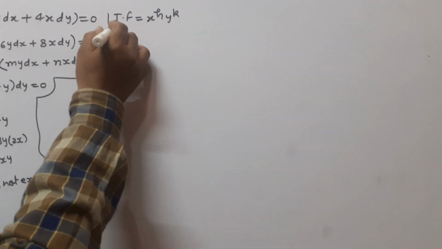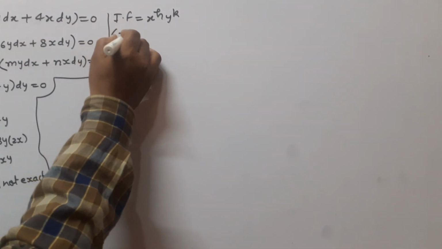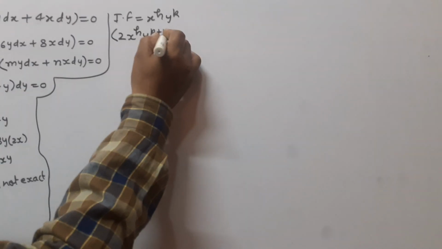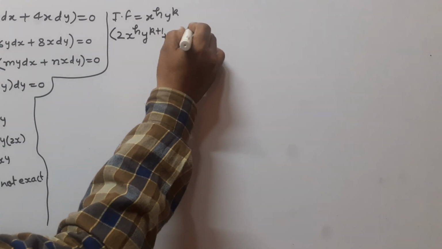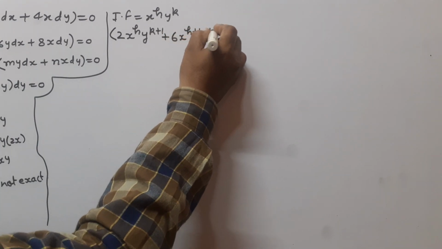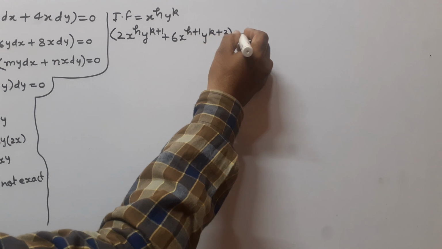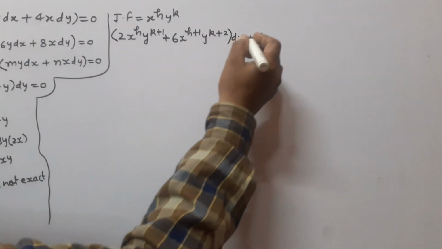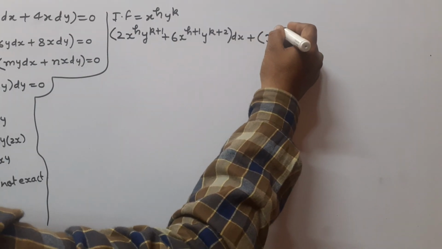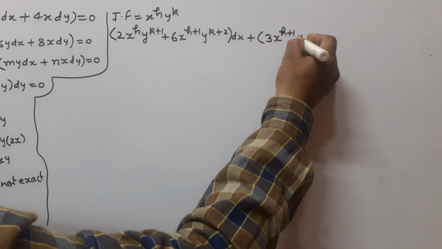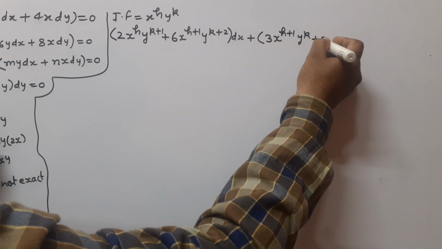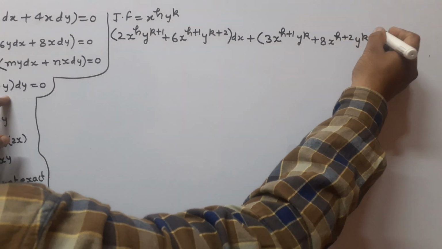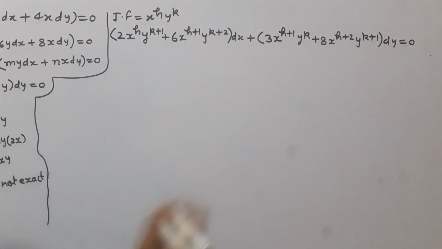So this can be written as (2x^h y^(k+1) + 6x^(h+1) y^(k+2)) dx. In the second bracket we multiply x^h y^k. So this can be written as (3x^(h+1) y^k + 8x^(h+2) y^(k+1)) dy equal to 0.